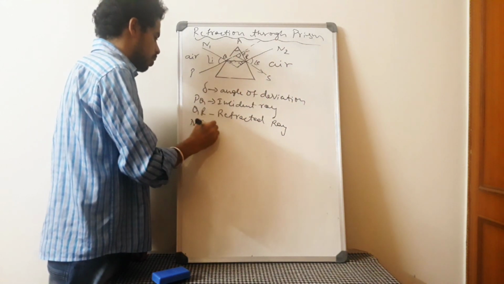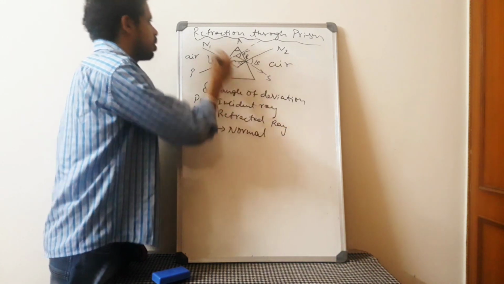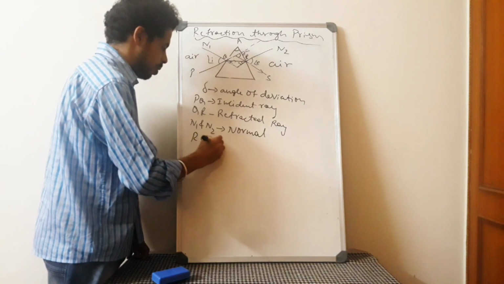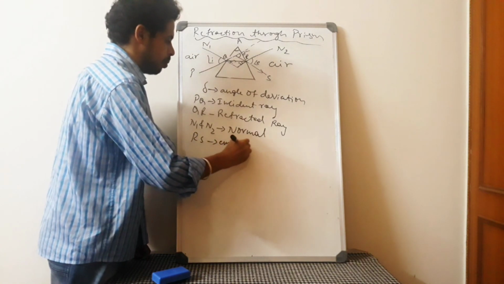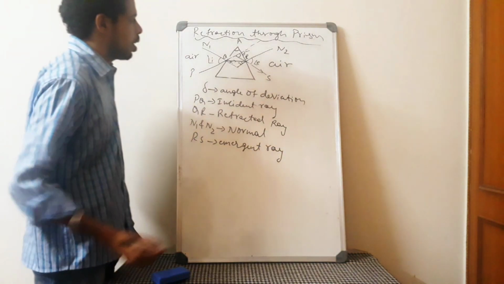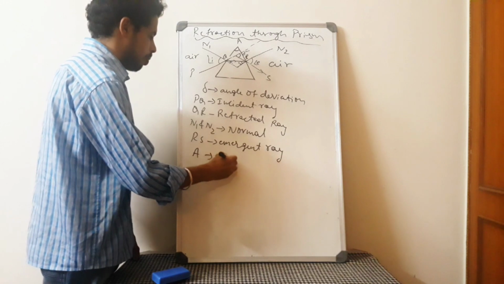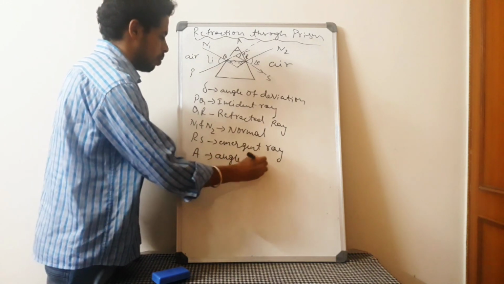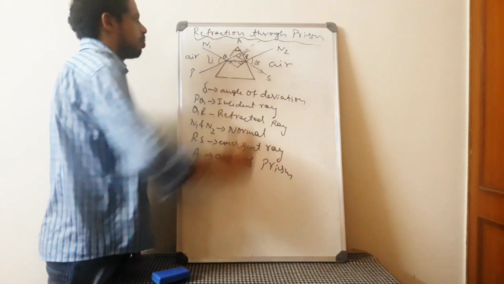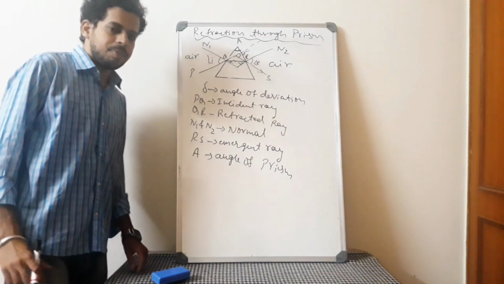N1 and N2 are normals. I am just naming them N1 and N2. RS is the emergent ray. A is the angle of prism. So this is all about refraction through a prism.